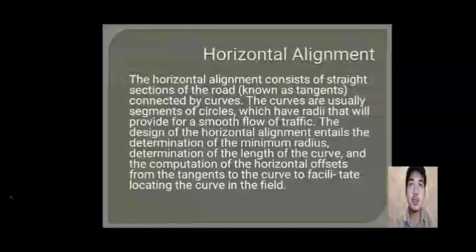In some cases, to avoid a sudden change from a tangent with infinite radius to a curve of finite radius, a curve with radii varying from infinite to the radius of the circular curve is placed between the circular curve and the tangent.